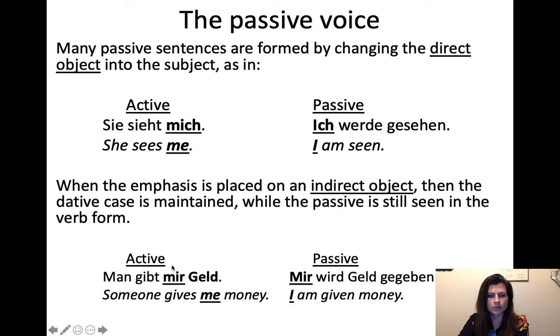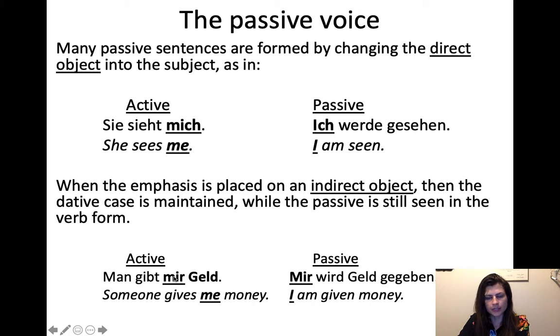But with this one, because it's dative, it's just the rule that you put it to the front and you keep it in the dative. You don't make it the nominative. So, man gibt mir Geld, someone gives me money, me meaning the indirect object in the dative. And then we want to be in the passive now.